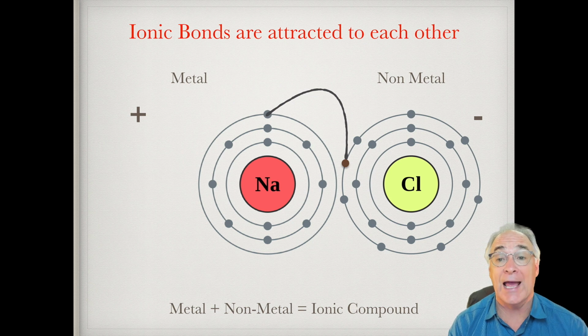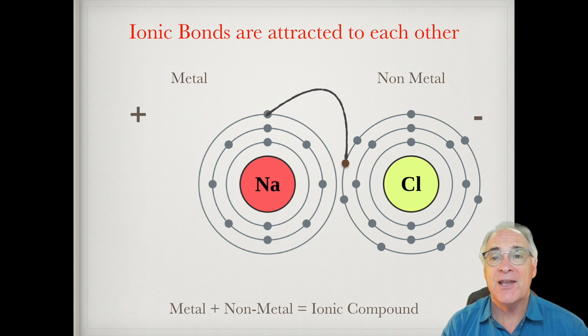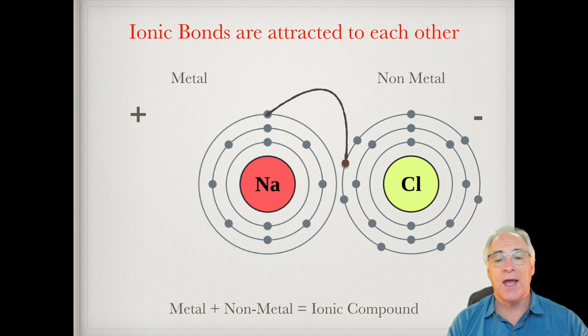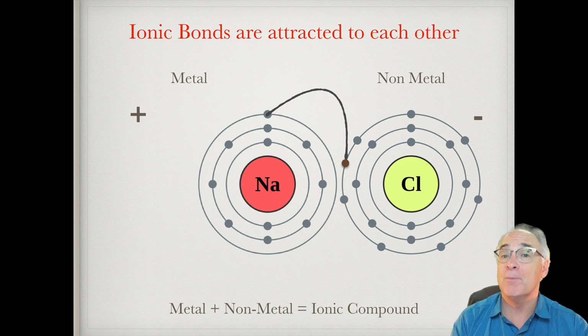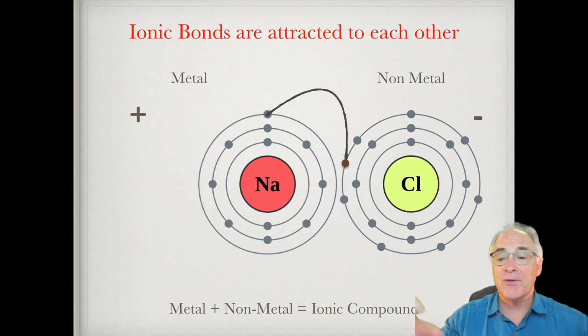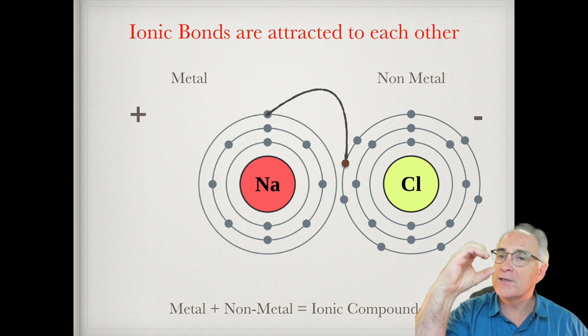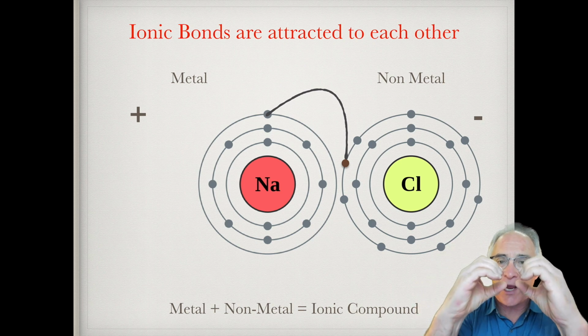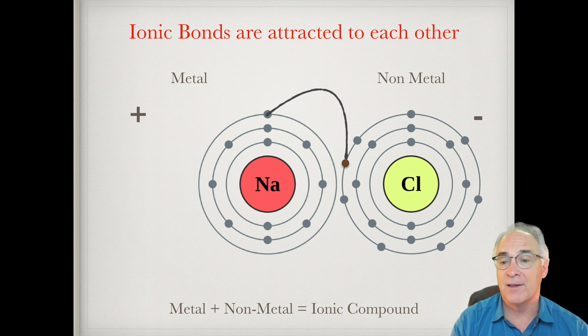Now it has 8 electrons in the outer shell, which gives it a negative charge. Whereas because 1 less electron is in the outer shell of the sodium, that makes it positive. So now there's a connection between the two, because they have a positive and a negative charge, and those are attracted together. And that actually is a stronger bond than covalent.